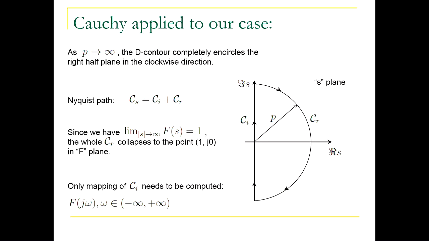I told you already before, when we talked about frequency response, how we would sometimes be interested in looking at negative frequencies. Negative frequencies don't make sense in reality, we only have positive frequencies. But mathematically speaking, when I evaluate F for all points on the imaginary axis, I do have to consider negative omegas. And that's why this motivates us to consider F for omega between minus infinity and plus infinity, because we want to see what happens when we travel on the boundary of the contour.